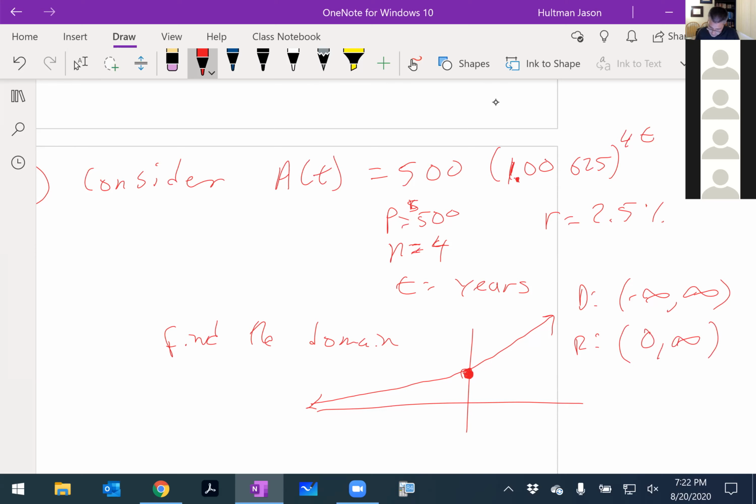But again, if this was $500 in 2020, could I find out, based on the current interest rate, what happened in 2018? Yeah, I could go backwards in time. That is allowed. But what is not allowed is to invest negative money to make a profit.